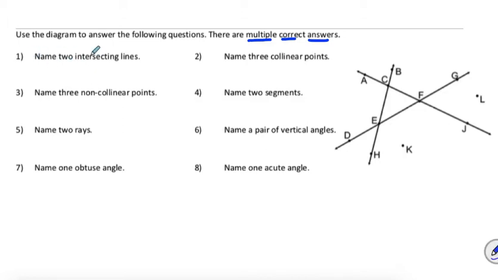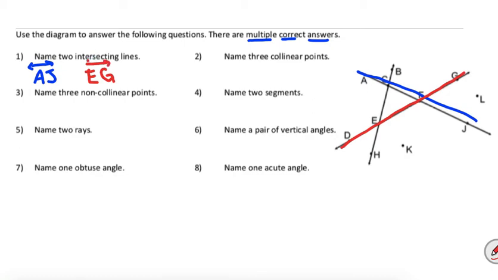So on our first one, name two intersecting lines. So if I picked this line here and this line here, I'm going to change the color on it. I could name the first line A through J, and I'm going to properly name it with arrows above, and it intersects the red line E through G. E is a location on that second line.